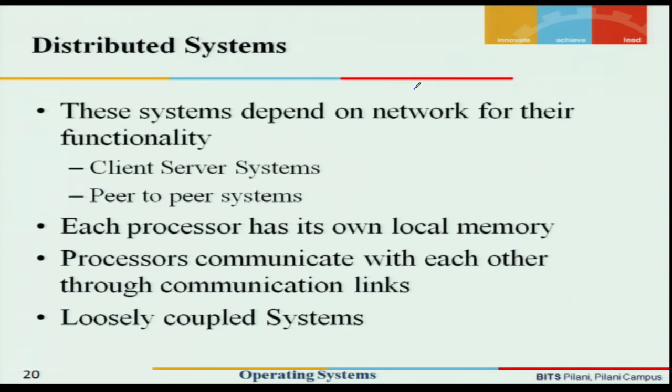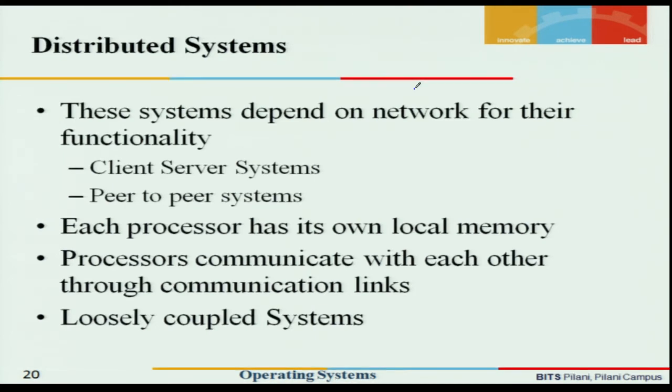Let us talk about a distributed system. These distributed systems are essentially dependent on a computer network for their functionality. An example of a distributed system is the client-server system, where we have a server machine and a set of clients.